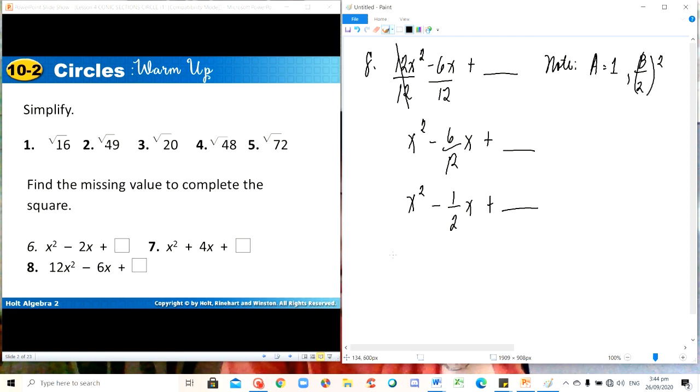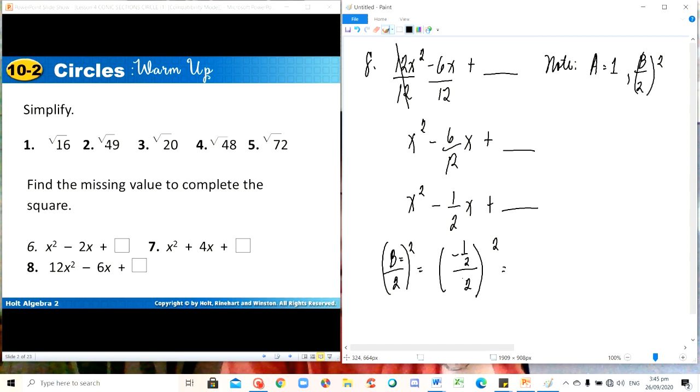What is now your b? Let's continue solving. b over 2 squared is written as negative 1/2 over 2 and then squared. Are you familiar with a fraction over a whole number?